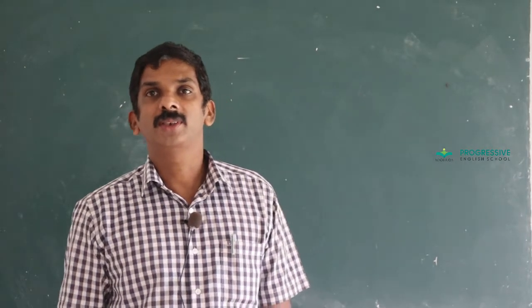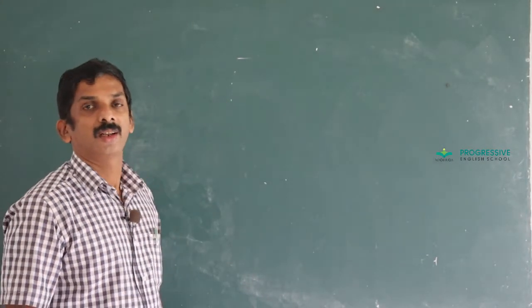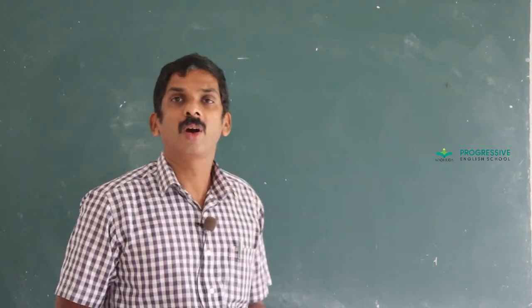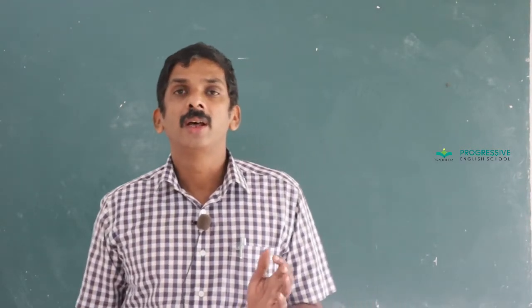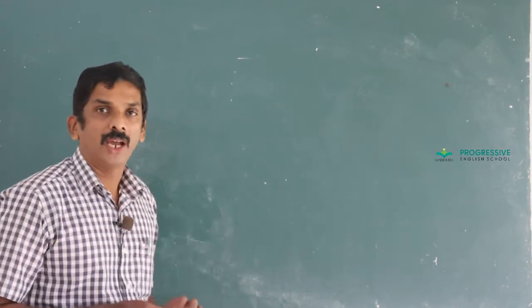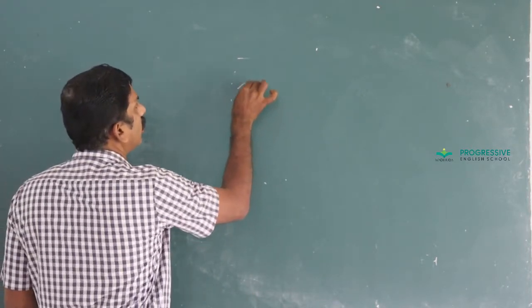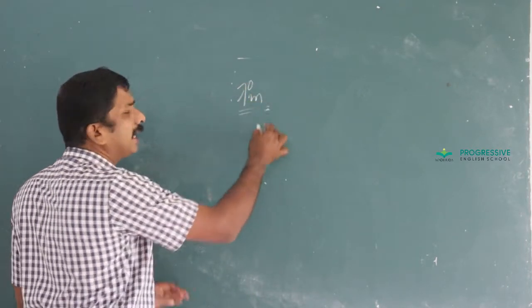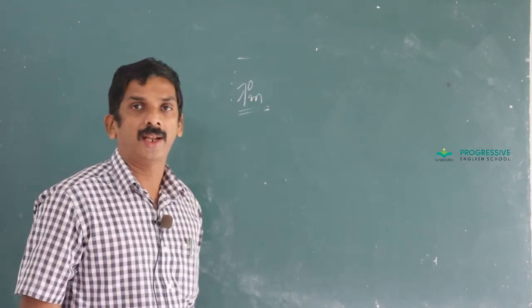Okay, good morning students. Last session our discussion was about Kohlrausch's law. We already told that the lambda 0m value of a weak electrolyte cannot be calculated directly.